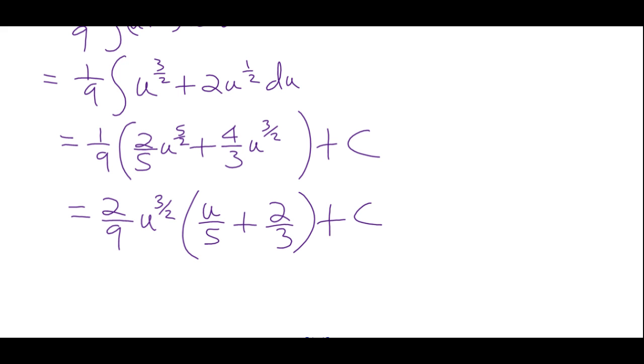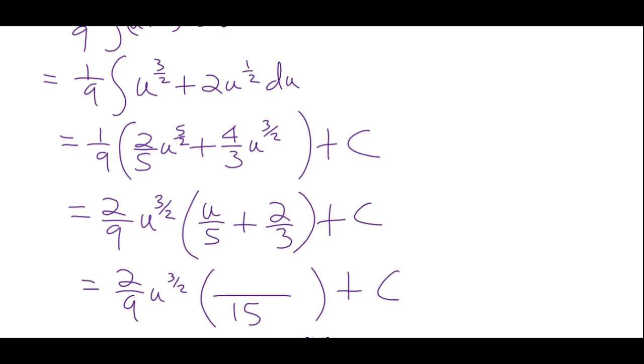Okay, so remember the 9's are really not part of this. We got the 4 and we got the u to the 3/2. We got 3. All right, so let's add these together. So 2/9 u to the 3/2. Common denominator, 15.